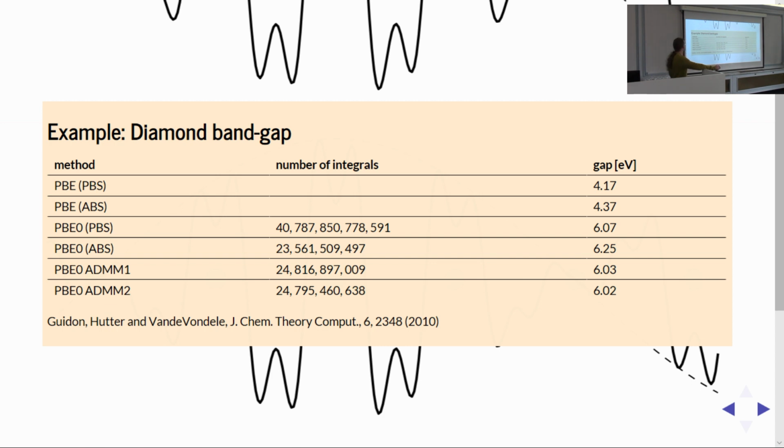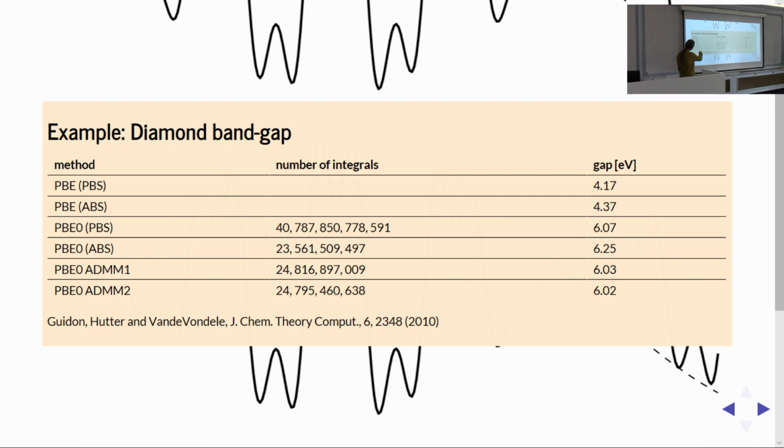Right, some numbers. Okay, so if we take diamond, this is about the worst, the hardest example in some senses you could possibly have for hybrid functionals, because diamond is packed in so tightly that the number of these integrals grows very, very rapidly.